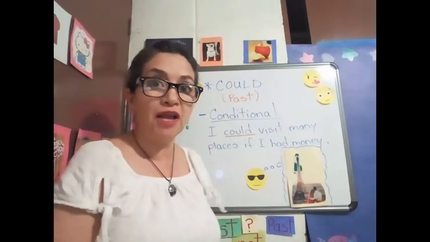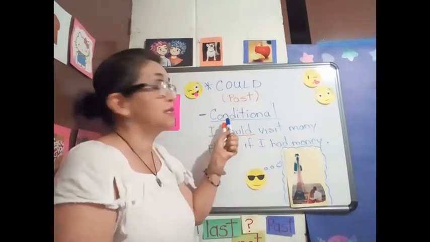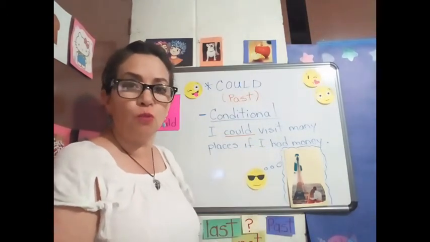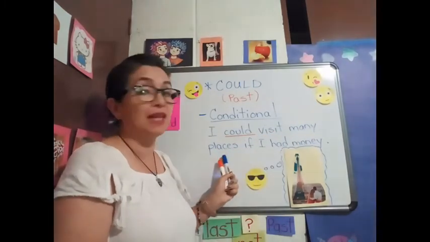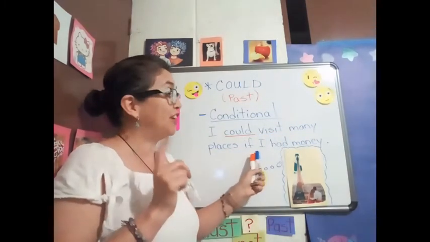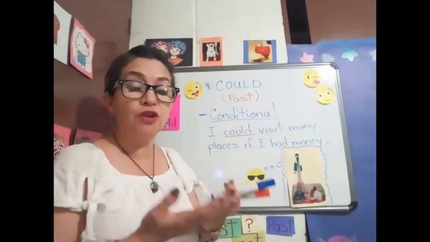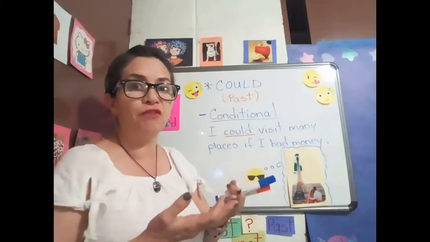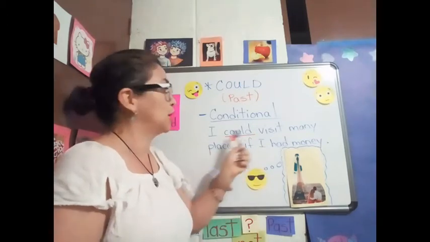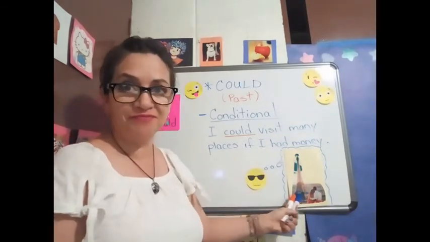And this is our last way of using the modal verb could. Is in a conditional way. I could visit many places if I had money. The condition for visiting many places is to have money.